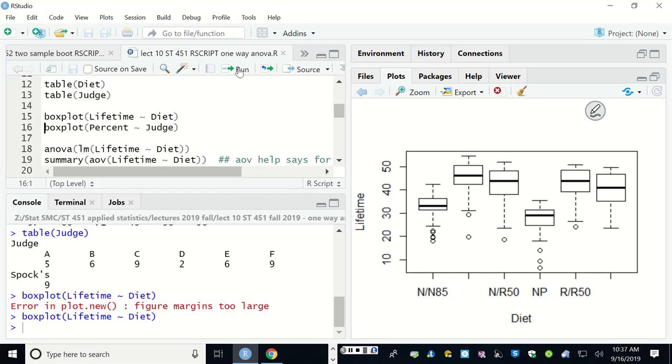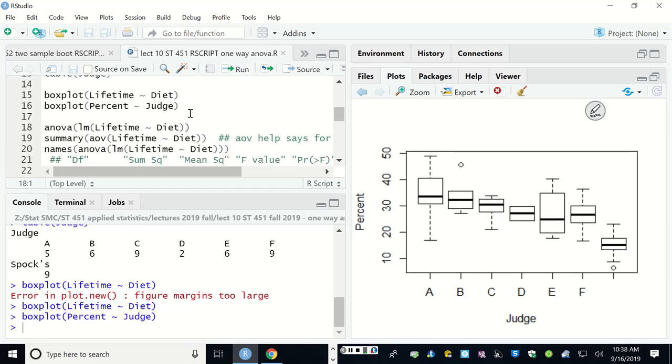Here are the percents of male-female representation, and Spock, this last one over here, is particularly low, particularly different than those. But there's quite a bit of variability. So is it going to end up being significantly different, given the heterogeneity? I think so, but we can look at that.